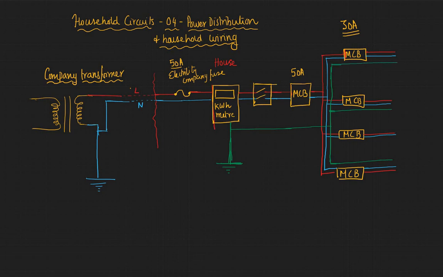We will understand the functionality of this earth wire, and this is what we call earthing. The earthing is different from the earth wire. So all these go into your different rooms, your room 1 and room 2 and so on. Oh, by the way, I have to complete this diagram here as well.